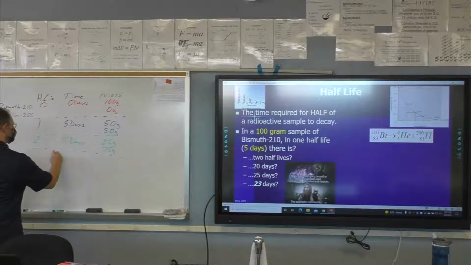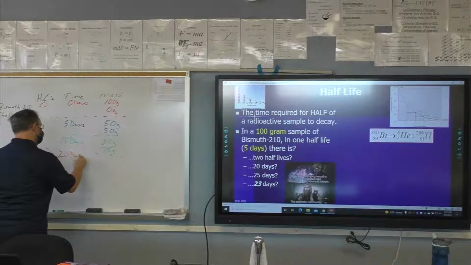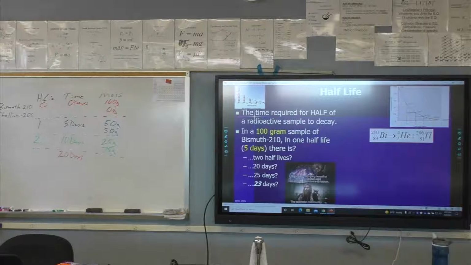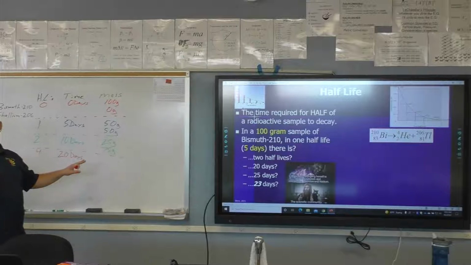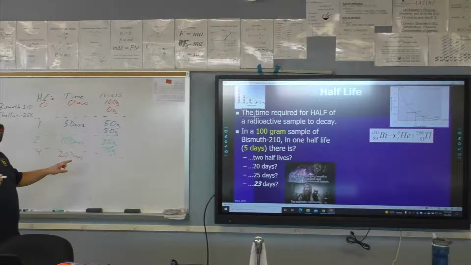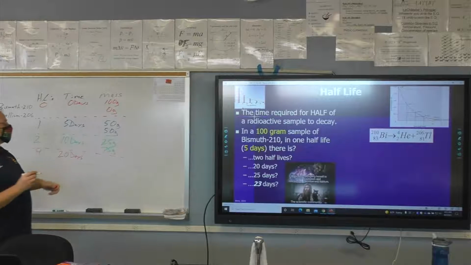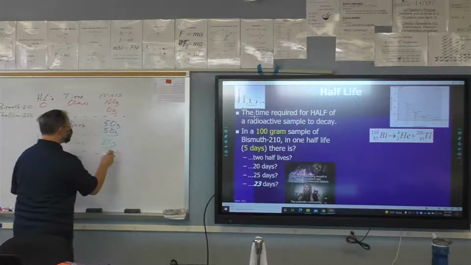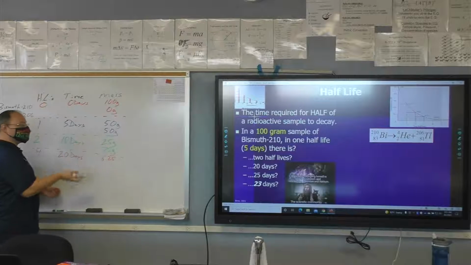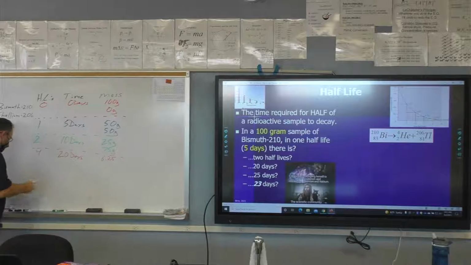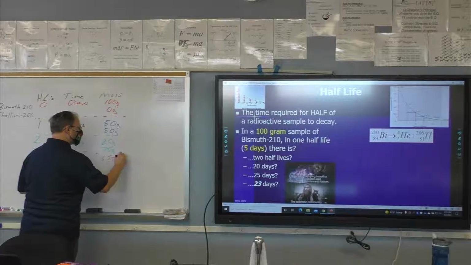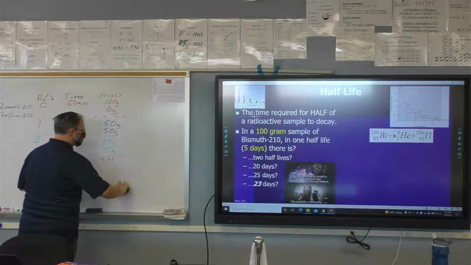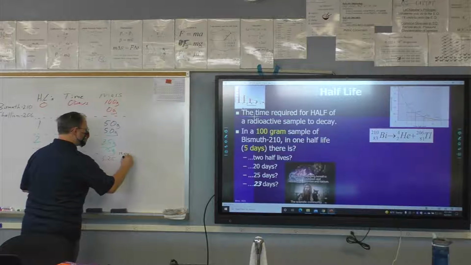In 20 days, how many half-lives have gone by? 4. So 4 half-lives have gone by. And how much bismuth is left over? 12.5. Is it 12.5? 6.25. Because that 25 has divided, but at 15 days, there was 12.5 and 87.5.